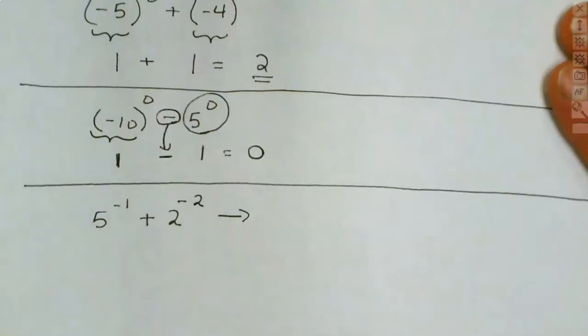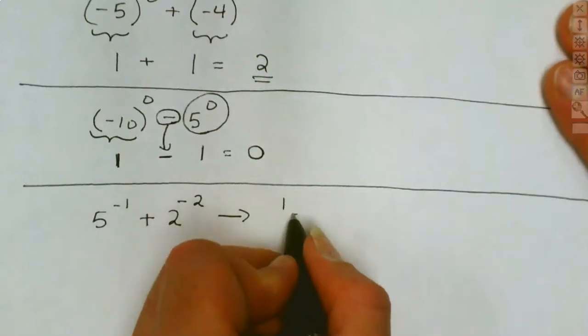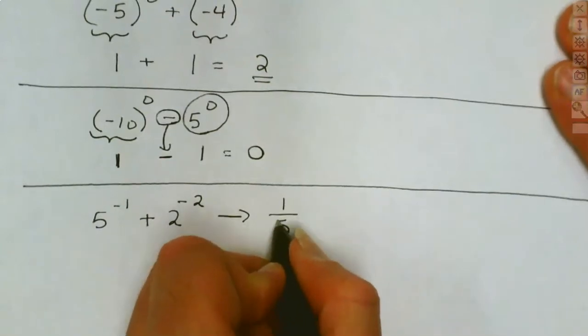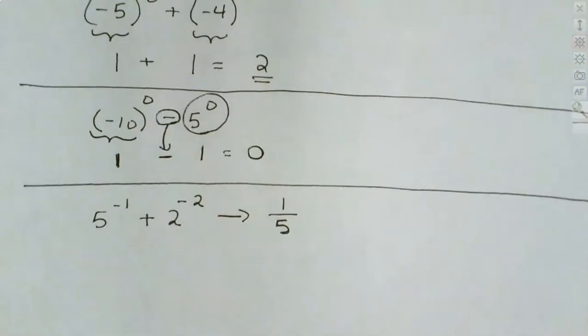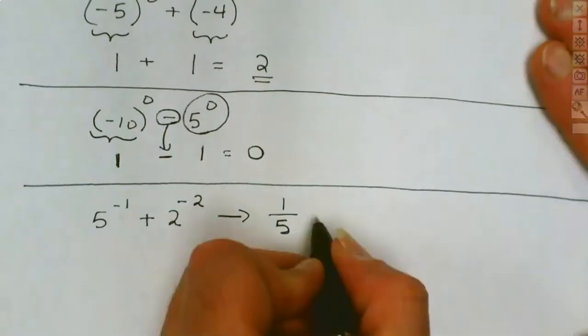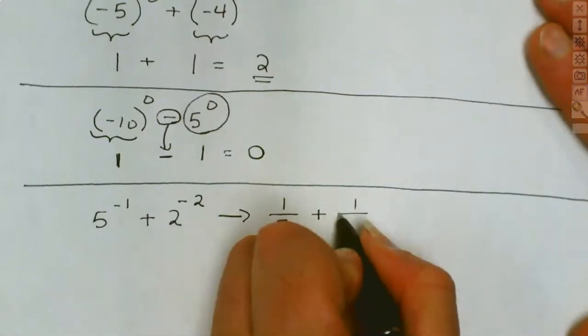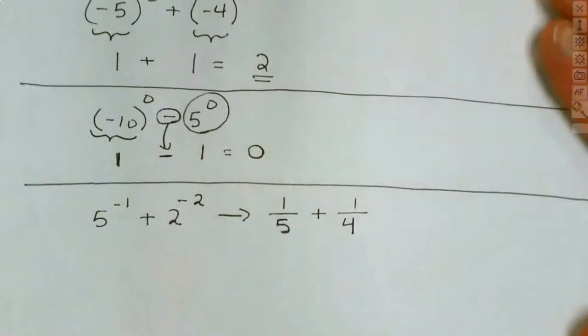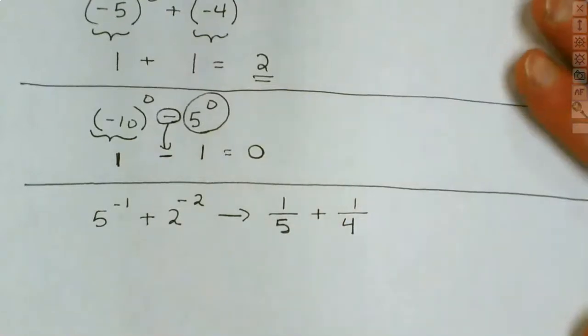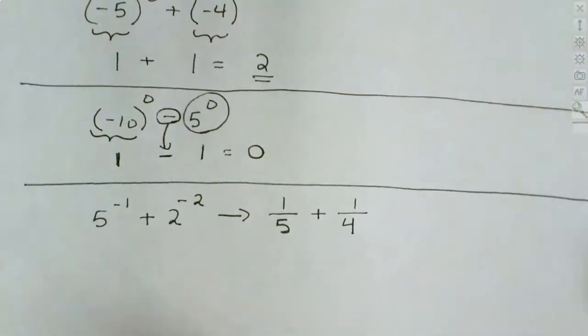So 5 to the negative first power, well, that comes out as a fifth, doesn't it? Negative exponents go down below. What about 2 to the negative second power? Well, what's 2 squared? 2 squared is 4. It's going to go below because it's negative on that exponent, so that's going to be 1/4. Now we need to add 1/5 and 1/4 together.